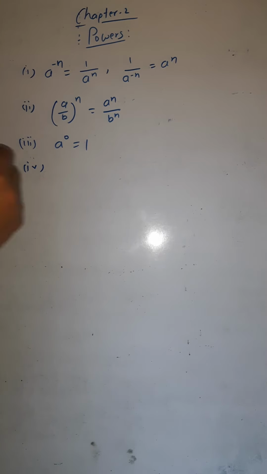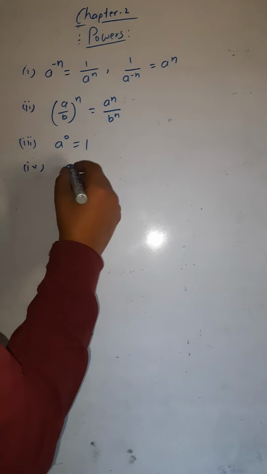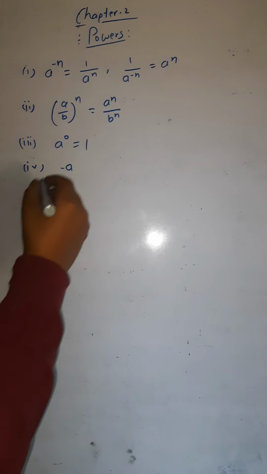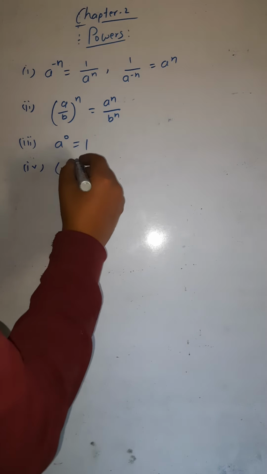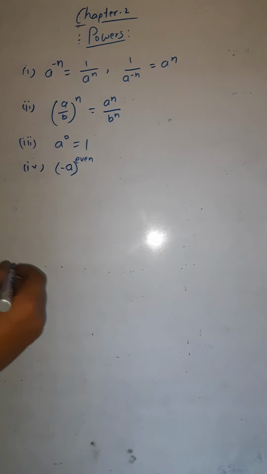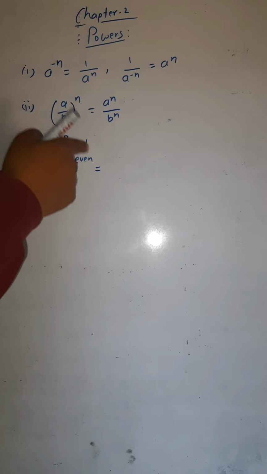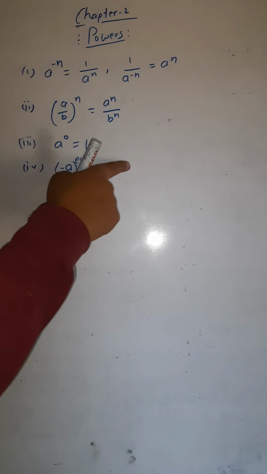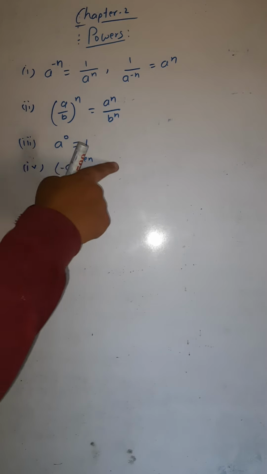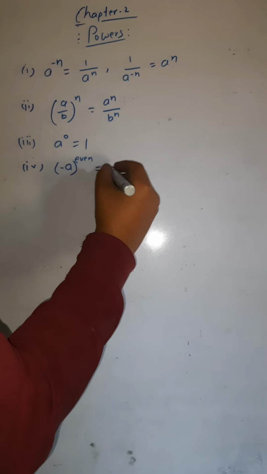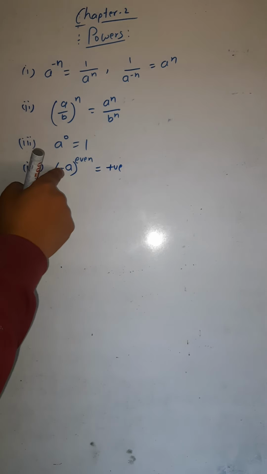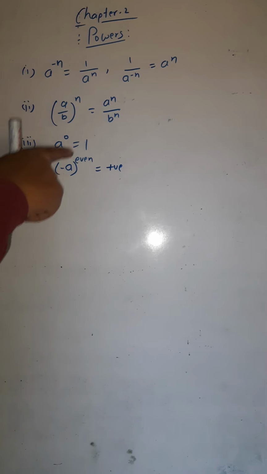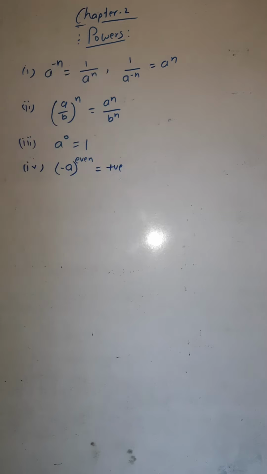Number 4. Now remember, if you have a negative number and its power is an even number, let's say 2, 4, 6, 8, 10, etc., the answer that you get would be positive. This minus would become positive, and a to the power, whatever the power is, you would write it here.